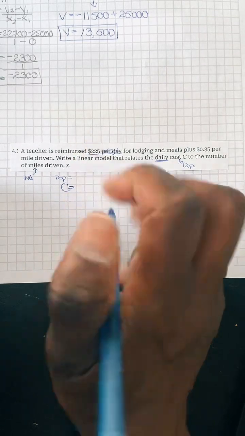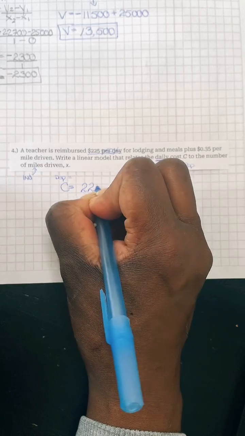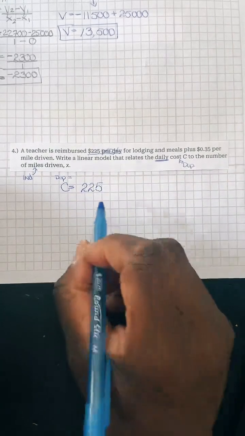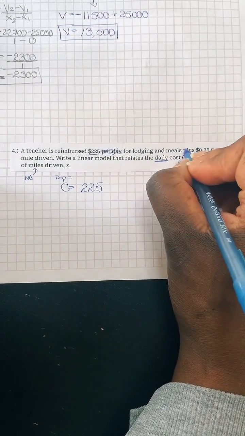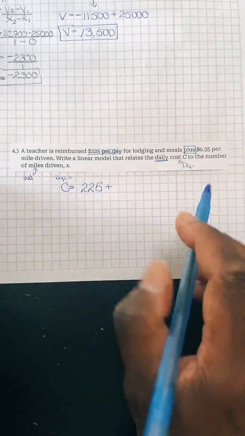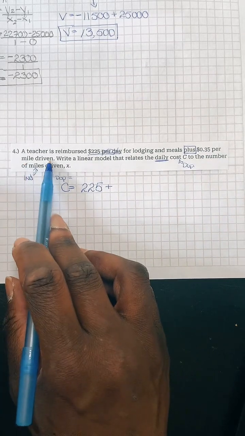So we started off with $225. Now they add plus 35 cents per mile driven.